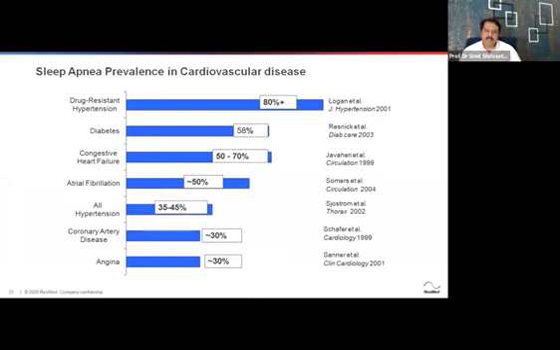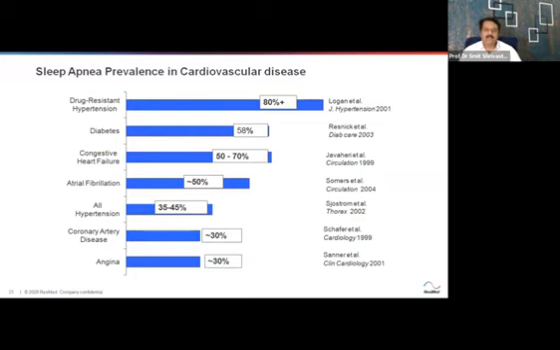Sleep apnea occupies a very important part in cardiovascular diseases, and these are often overlooked and missed because we try to treat the disease or the syndrome as a primary thing, and we do not try to relate it with sleep apnea. So in drug-resistant hypertension, the chances of having sleep apnea is 80% plus.